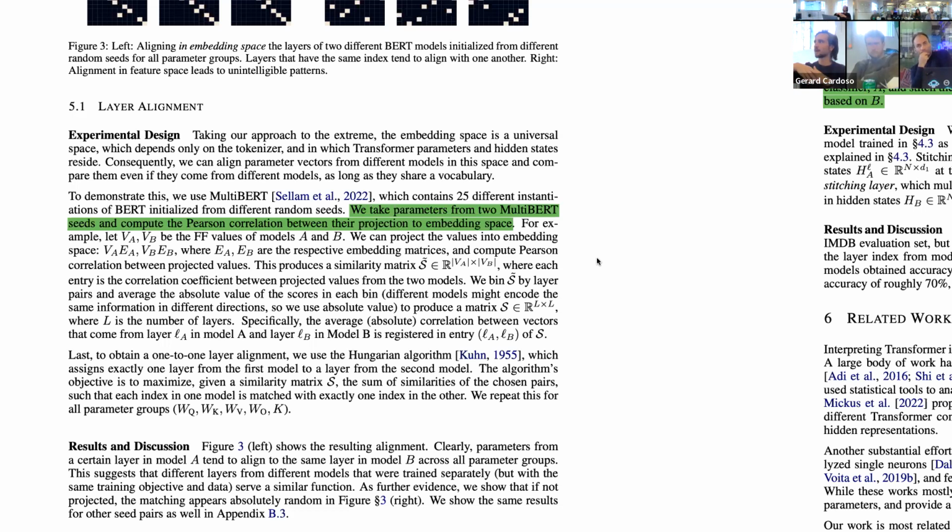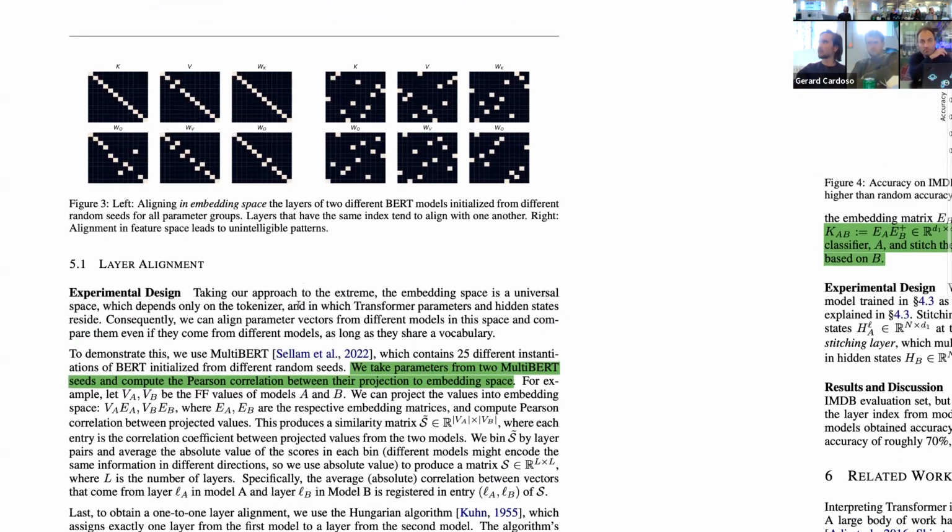Then, given the similarity matrix between all of the layers of one model and all of the layers of another model, they try to see which layer is most similar to another layer in the model. And this is what comes up.